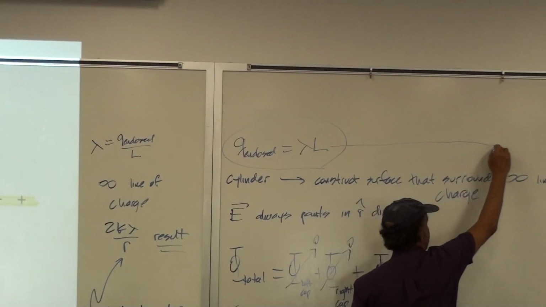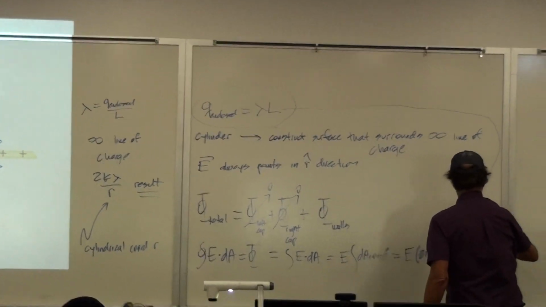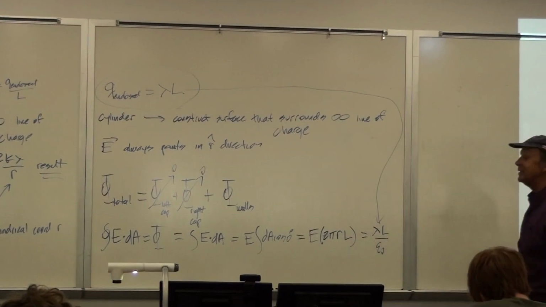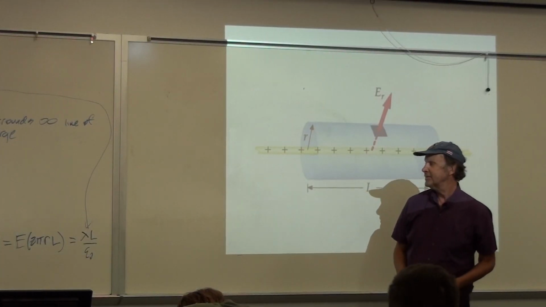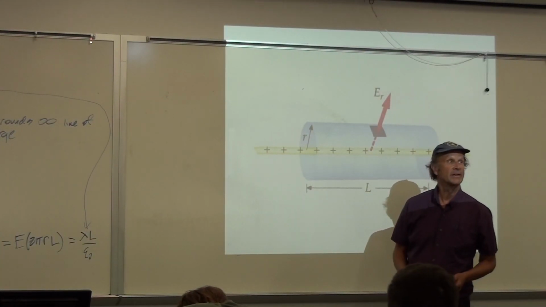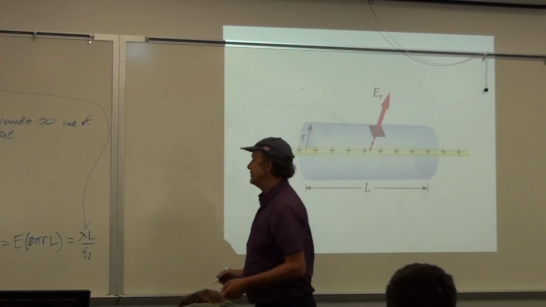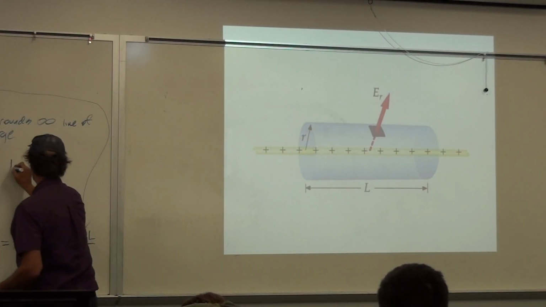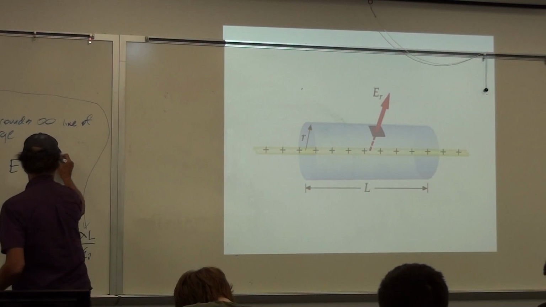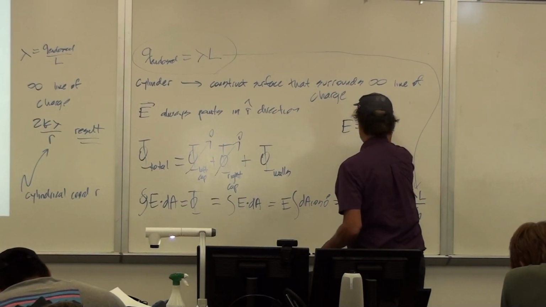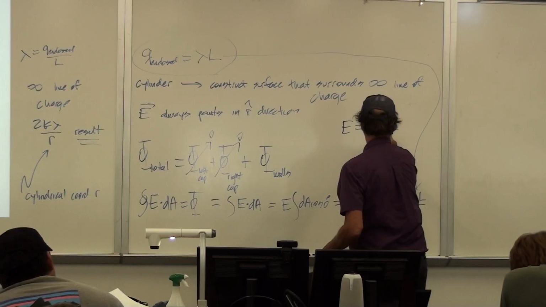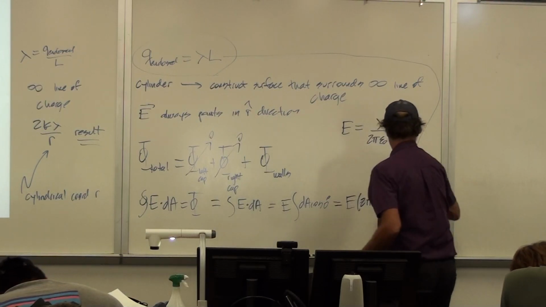And so that's the great trick that keeps me from having to take the limit as L goes to infinity. Isn't that beautiful? The L's cancel. So I don't have to take the limit as L goes to infinity. So this gives me then E equals lambda over 2 pi epsilon naught r.